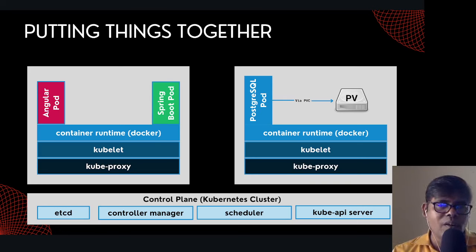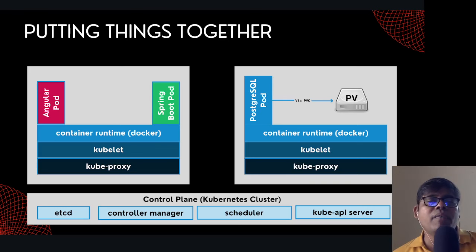Obviously because your Spring Boot is a pod, it cannot store anything in its local storage, because when the pod restarts it will lose that file. So it can use this PV via PVC, and store it there, so that even if the Spring Boot pod restarts, it can have access to the file it previously saved.